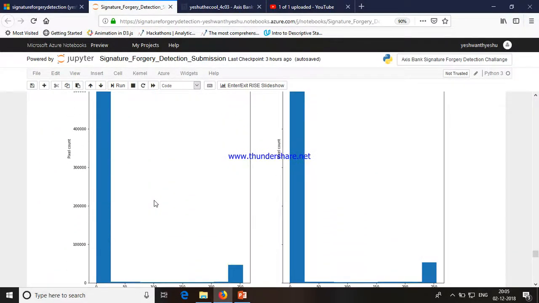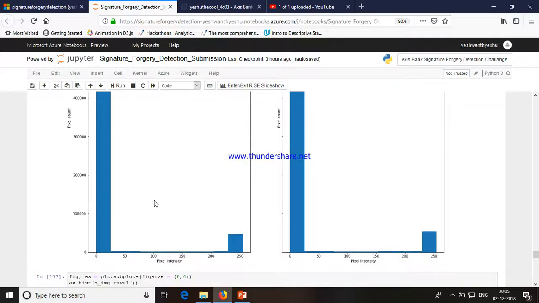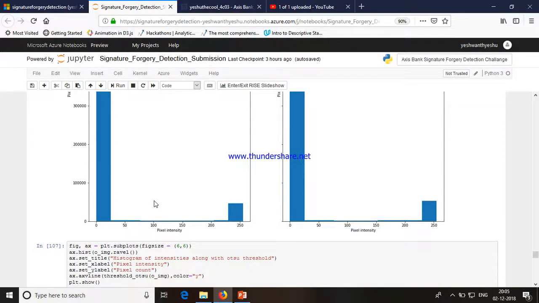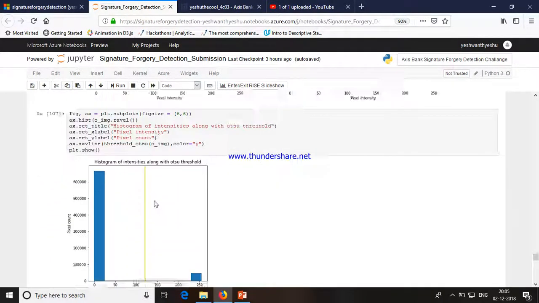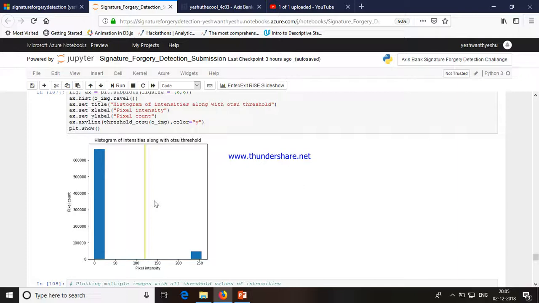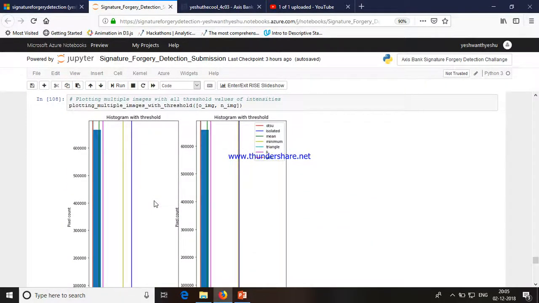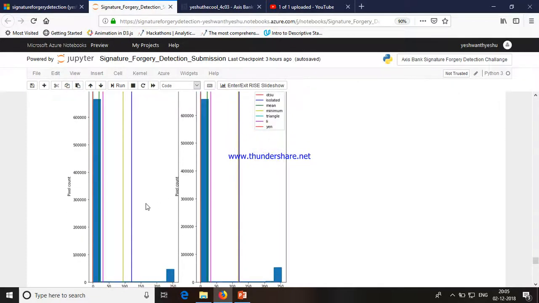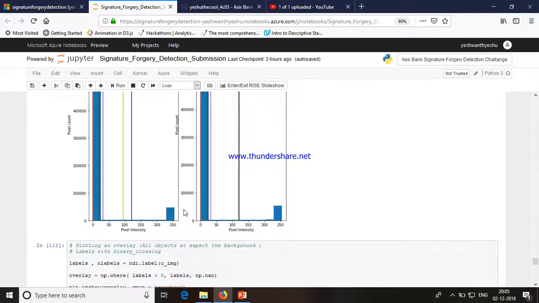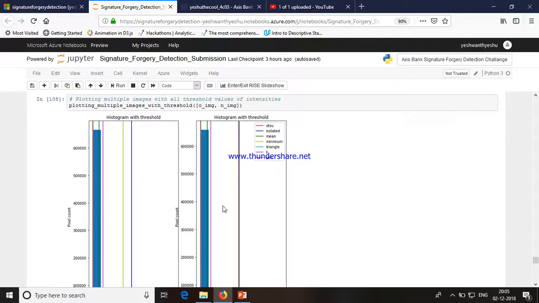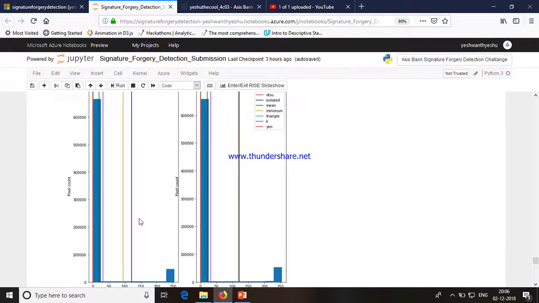Then I made a plot of the frequency of intensities in the image, plotted the threshold intensities, and plotted all the different results for the genuine and forgery images, so we can compare how they differ.